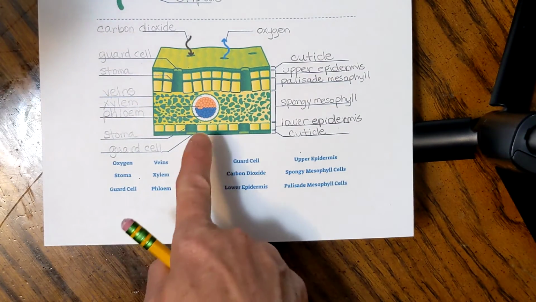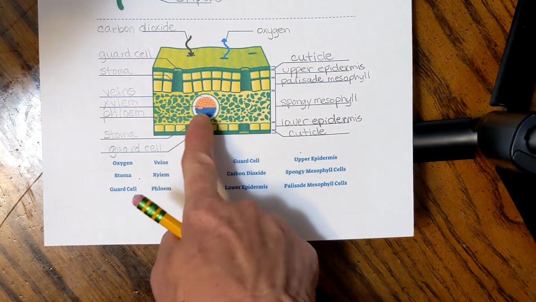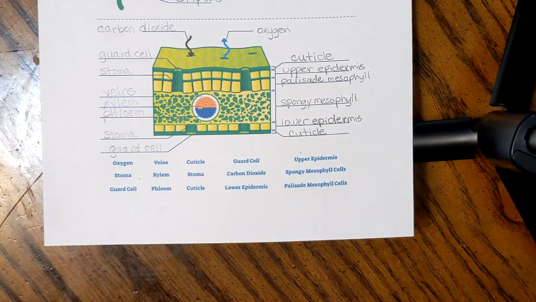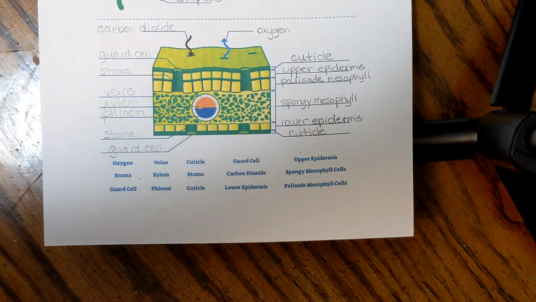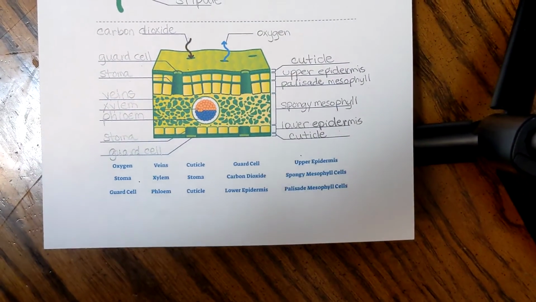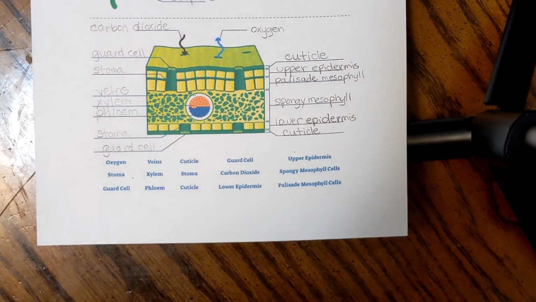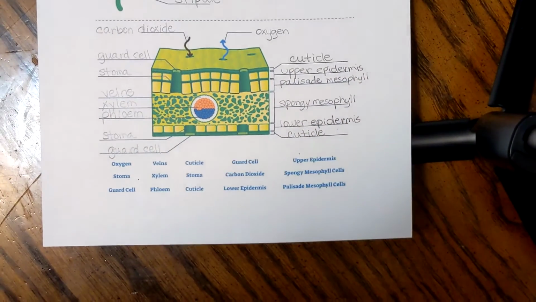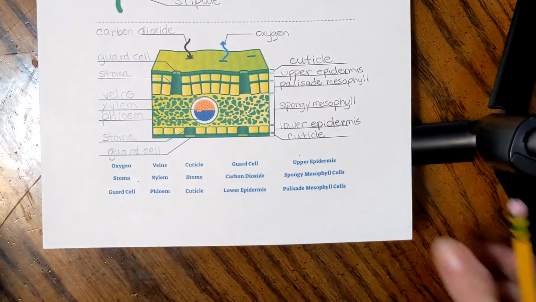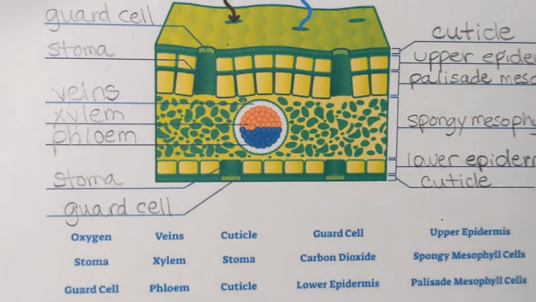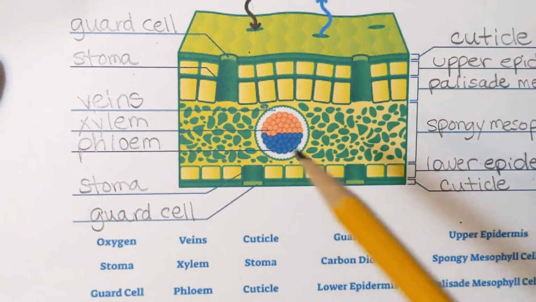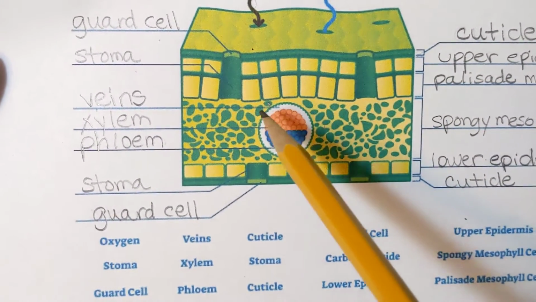Okay, and then down here in the spongy mesophyll, we see a cross-section of a vein. So in this picture, let me see if I can zoom in for you. And sometimes I am a little technologically challenged, you guys. I don't know why my Zoom doesn't work. But in this picture, what we can see here, the vein is represented by this white circle.